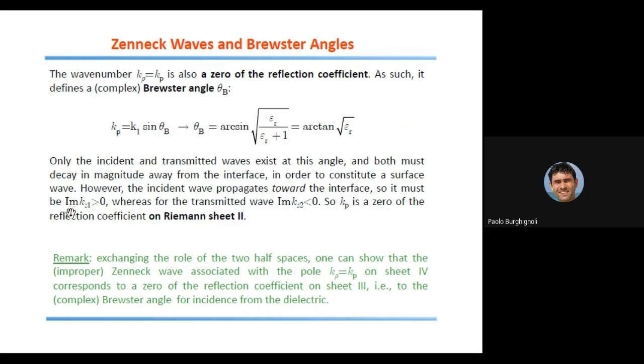So it must be that its imaginary part is larger than 0, whereas for the transmitted wave, the opposite: the imaginary part of the wave number kz2 must be less than 0. So this explains why we cannot be on the top Riemann sheet, the one with number 1, but we are on the second Riemann sheet. And by exchanging the role of the two half spaces, you can easily see that with the same reasoning, there must also be a Brewster zero on sheet number 3, by reversing the role of the two wave numbers.